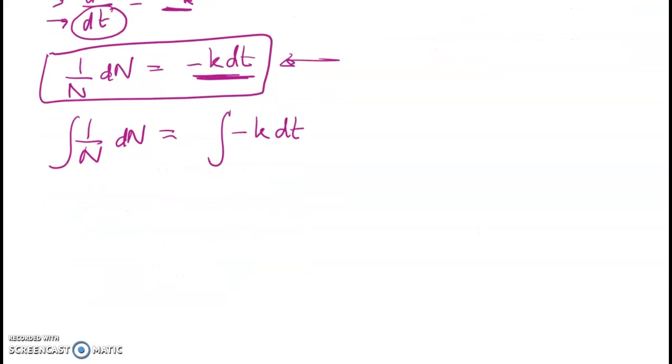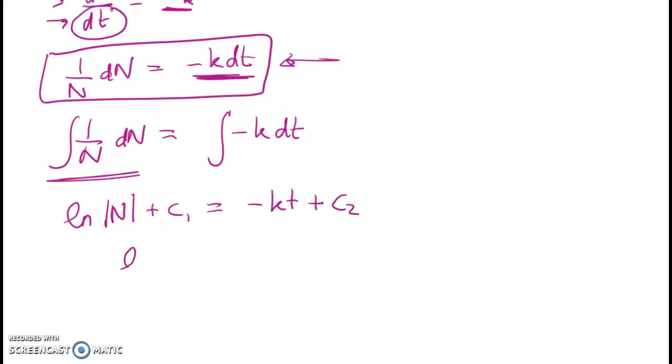Right, let's take each side in turn. On this side, I get the natural log of N. Now I could write the natural log of N plus c1, and then on this side, I'm going to get negative kt plus another constant of integration, c2. But these two things are just arbitrary constants, so we can shove them together.